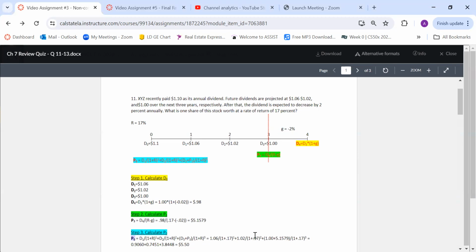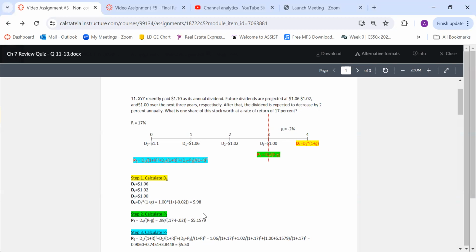Step 3, we're going to implement the equation to figure out P0. We have D1 divided by 1 plus r to the first power, plus D2 divided by 1 plus r to the second power, plus D3 plus the price at 3 divided by 1 plus r to the third.